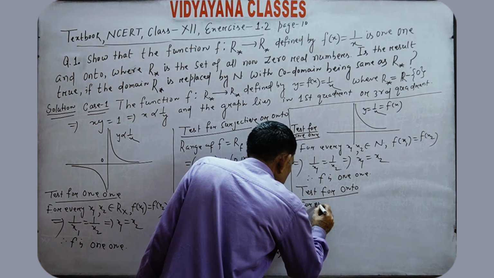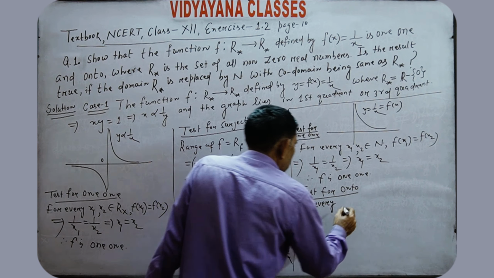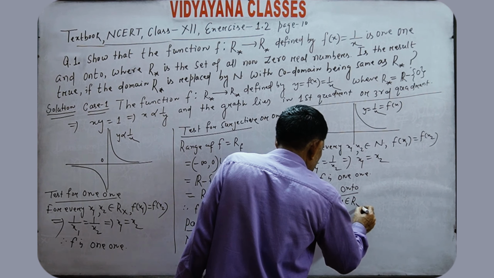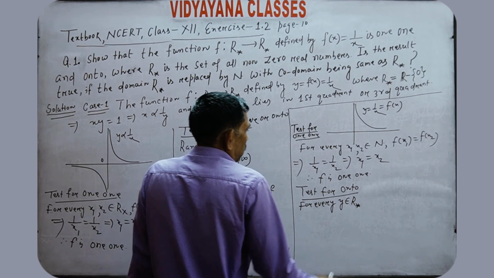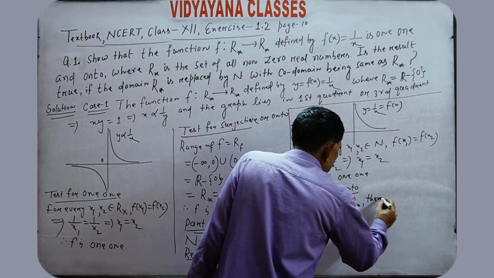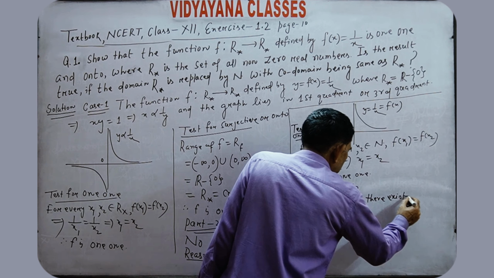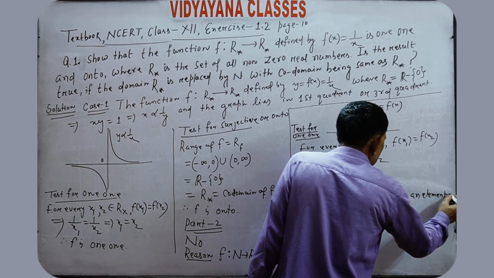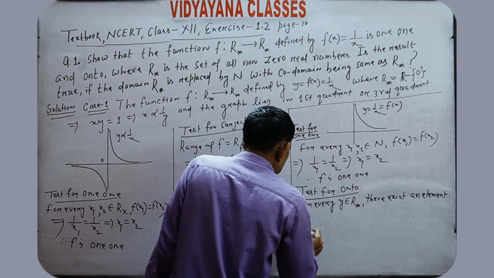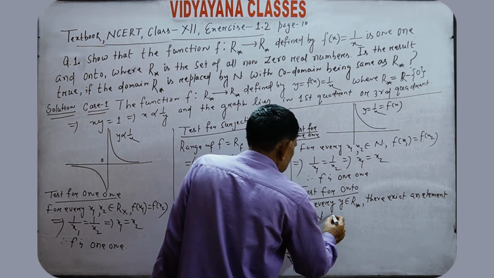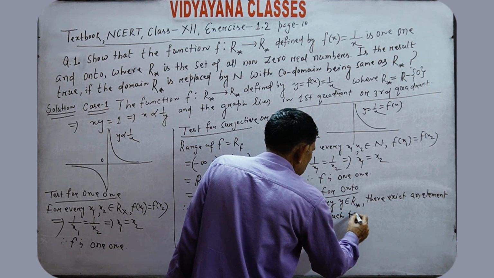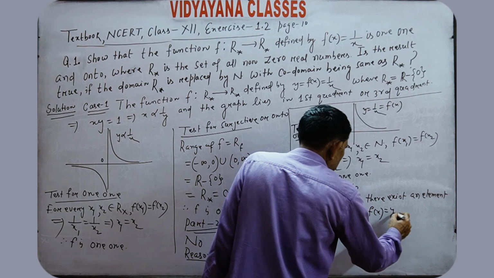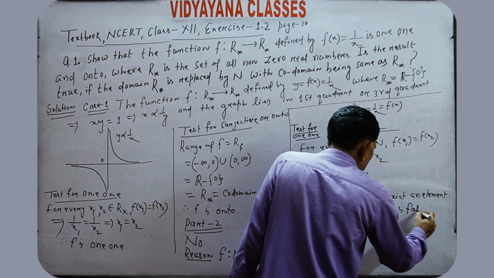For every y belongs to R star, there exists an element x belongs to N so that f(x) is equal to y is false.